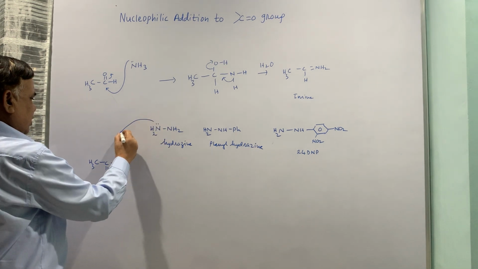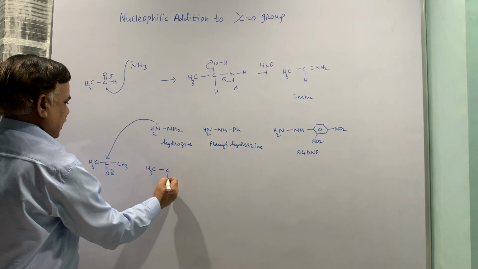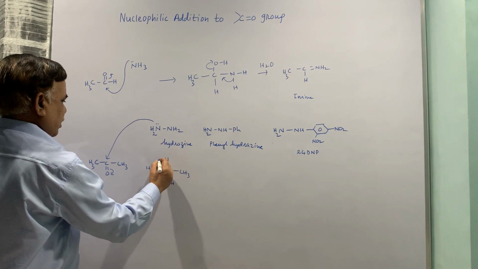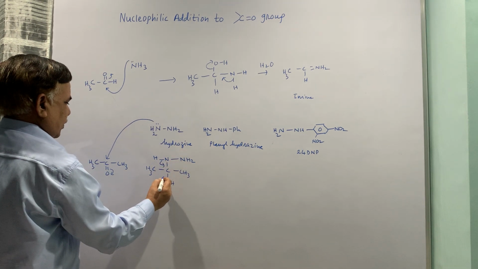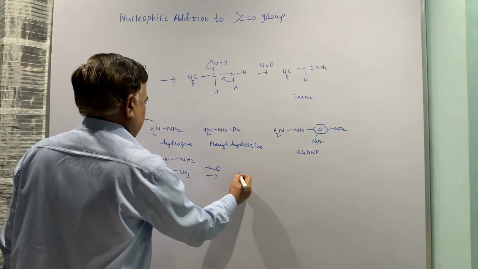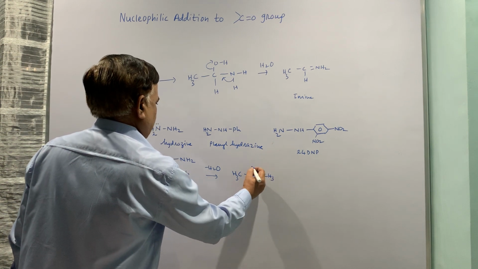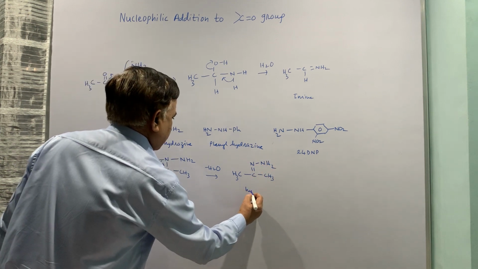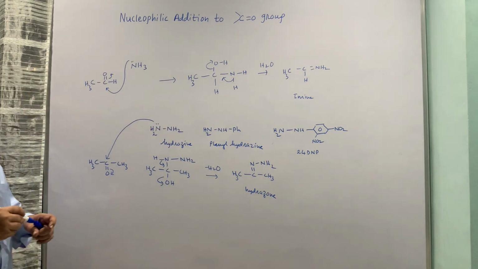Now both the nitrogens are equally capable of attacking at this carbon, and now you get the loss of water molecule, which gives you the NH2. Now this is a hydrazone derivative.